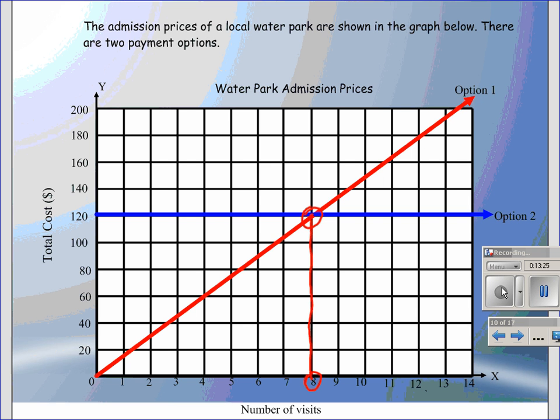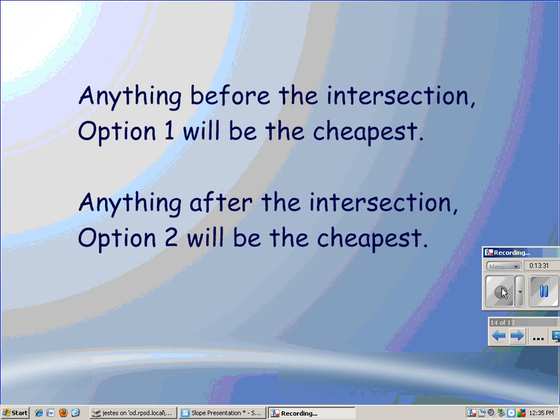And then I get 8 visits. It will take 8 visits for them to be equal in price. Okay guys, what I do want you to notice is that anything before that intersection, option 1 was the cheapest. And then anything after that intersection that we just spoke about, option 2 is going to be the cheapest.